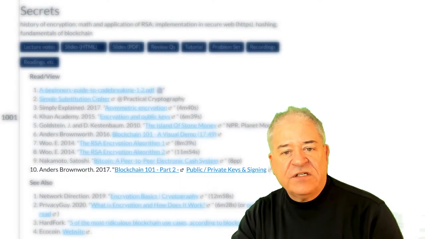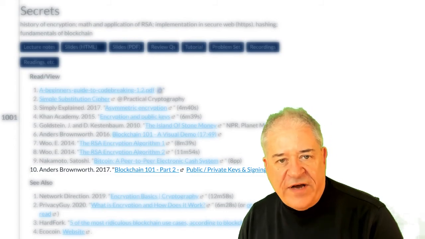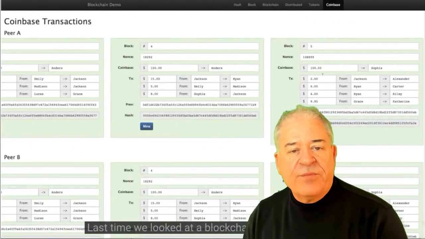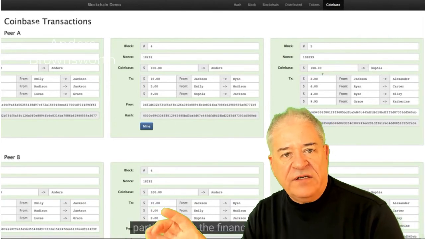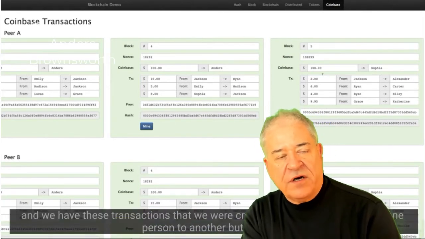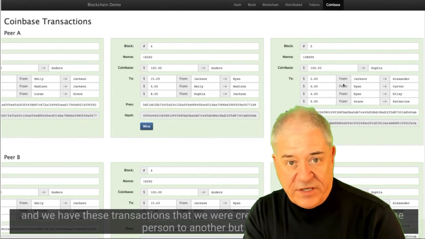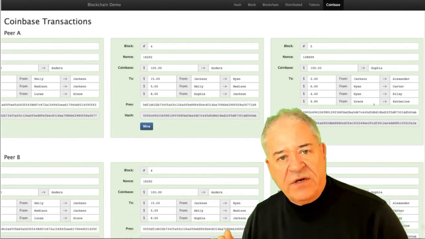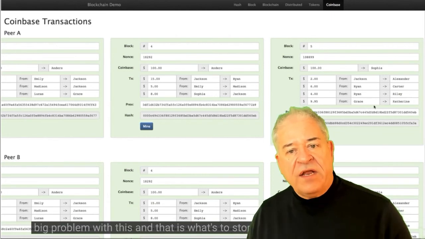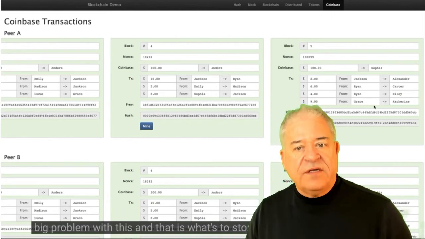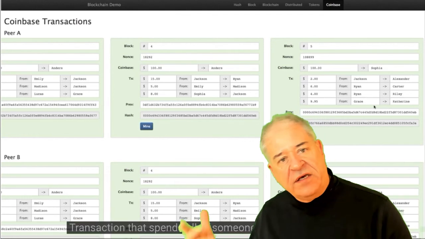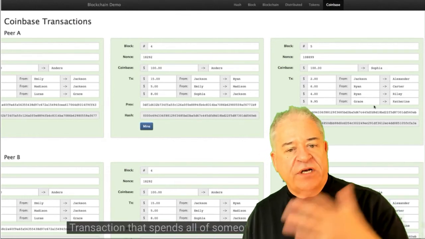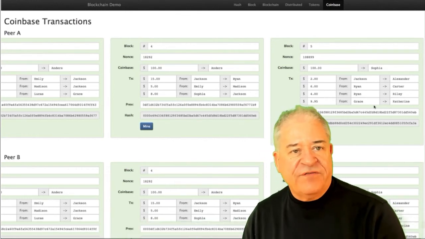Finally, we're going to finish with a final video by Anders Brownworth, and what this does is it brings the public-private key into the Bitcoin picture, or into the blockchain picture. And so suddenly we'll start to see the relationship between public and private keys and wallets on blockchain that lets me put things in there just for you, and we can exchange value that way.